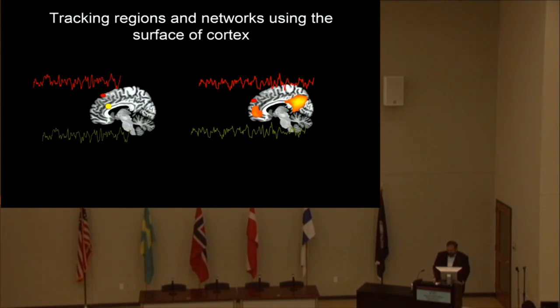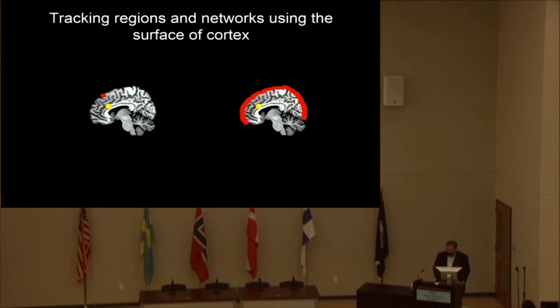But if we relax this thought experiment a little bit and allow ourselves to develop models of the surface of cortex that could do exactly this, then we can take advantage of the fact that the cortex is highly connected with itself as well as the rest of the brain.